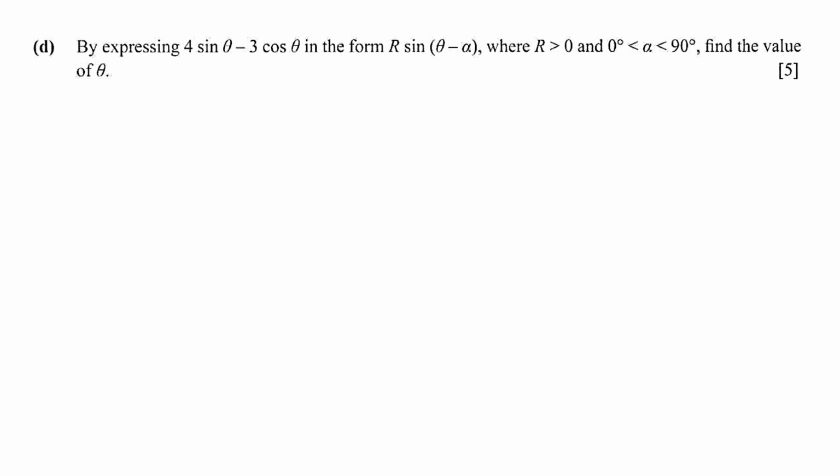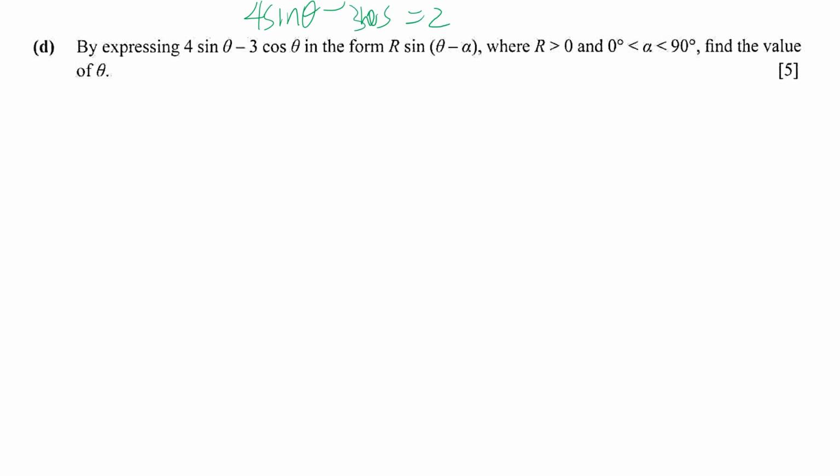Okay, so the last part of the question requires us to express 4 sine theta minus 3 cos theta in the R formula format. And then after that, to solve it, because in part C we have found 4 sine theta minus 3 cos theta equals 2.